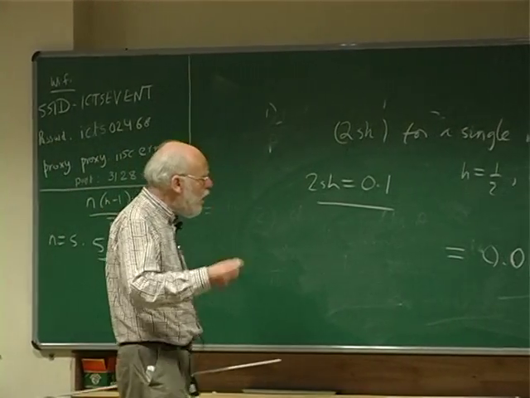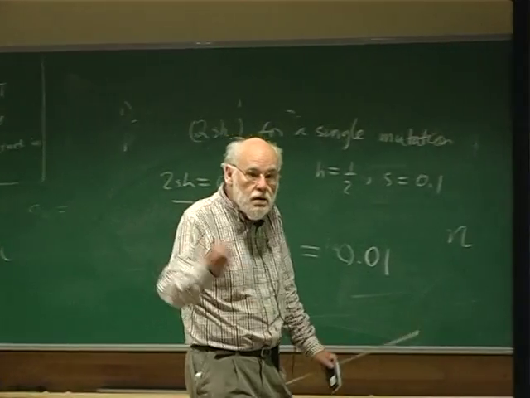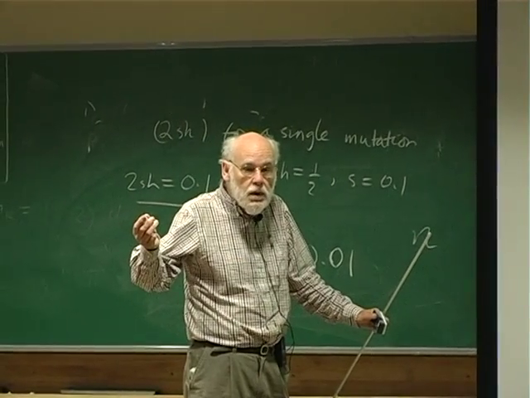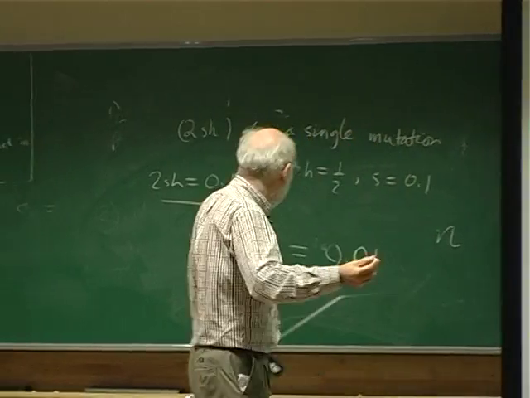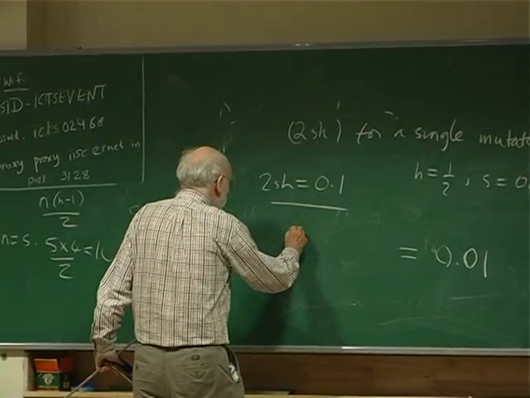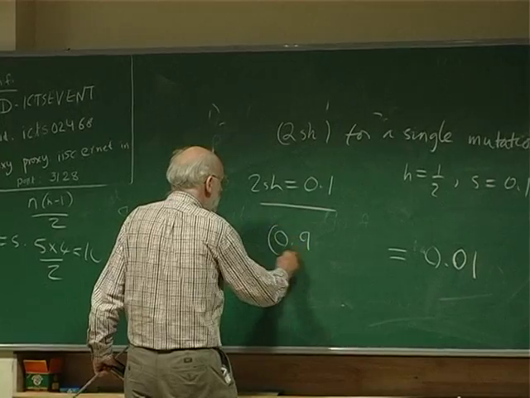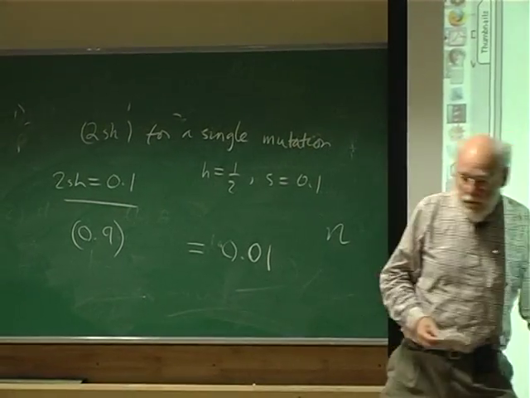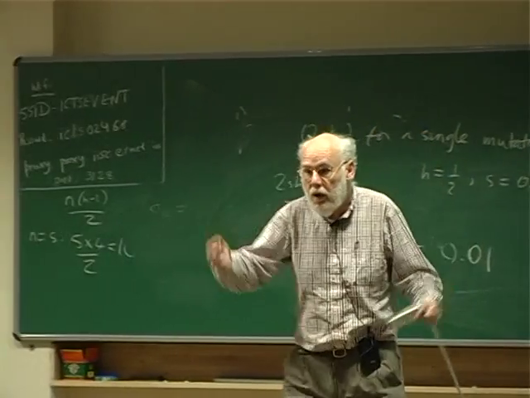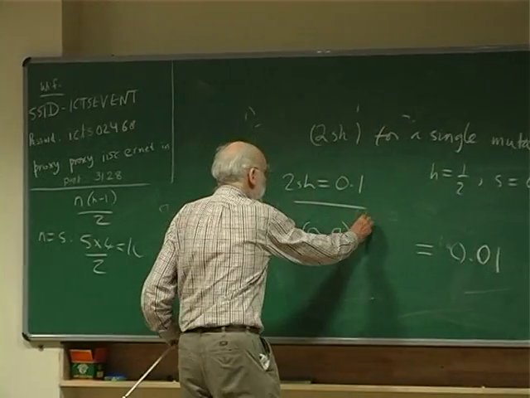What's the probability that one of them gets lost? Well, it's the reverse. So probability that one gets lost is 0.9. So what's the probability that n of them get lost? They're all independent of each other, so it's 0.9 to the power n.